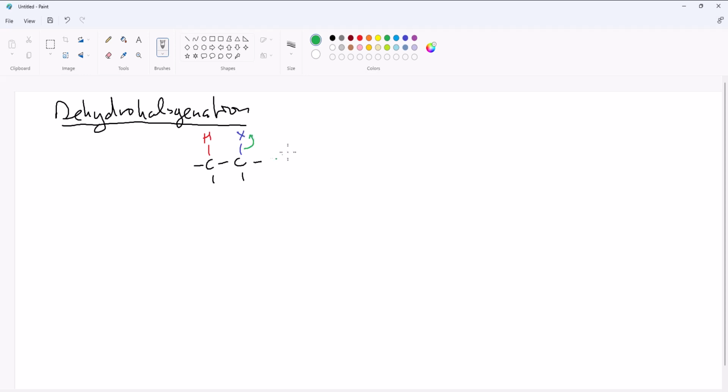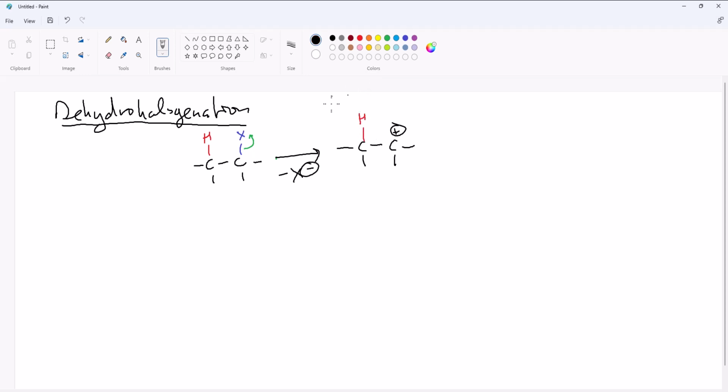We're going to lose that leaving group, a net X minus, and we will be left with the carbocation intermediate, and we have H on this carbon here.